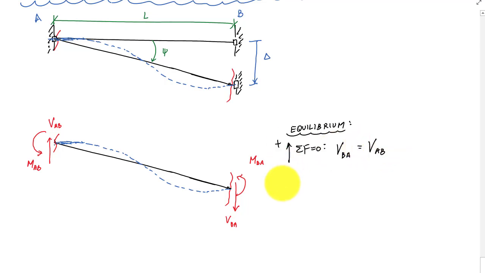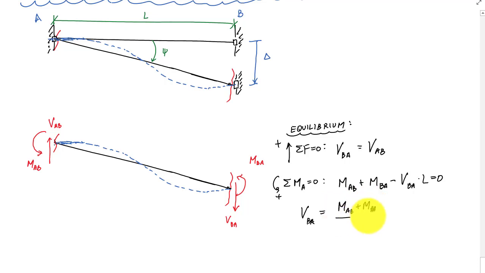And if I take moments about an end, say about A, sum of the moments about A equal to 0, I would get MAB plus MBA minus VBA times L equals 0, and this would tell me that VBA is equal to (MAB plus MBA) over L. Alright, so no big deal.